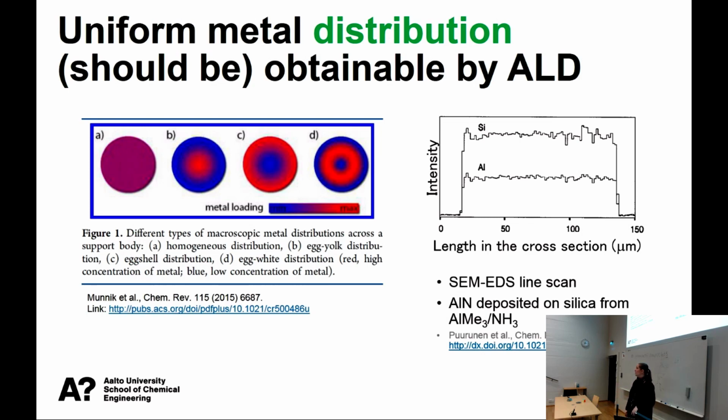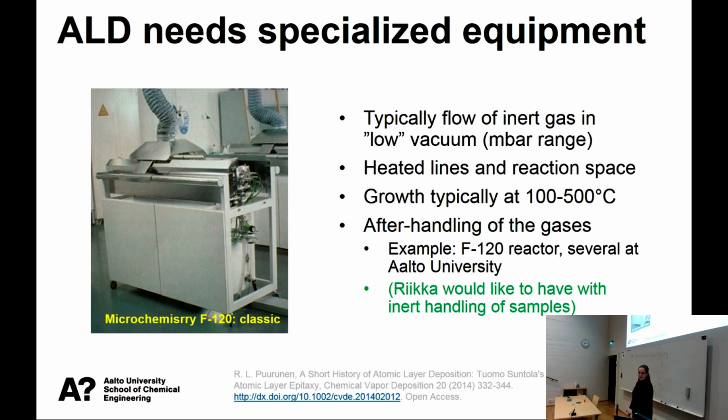When I was doing my thesis, I was part of the microchemistry team where many people had been working with this for many years, and there was a lot of practical experience. Now we are starting a little bit from behind, but we'll get there.